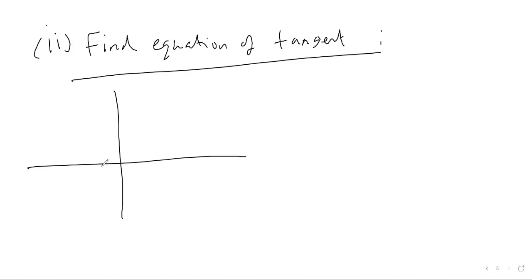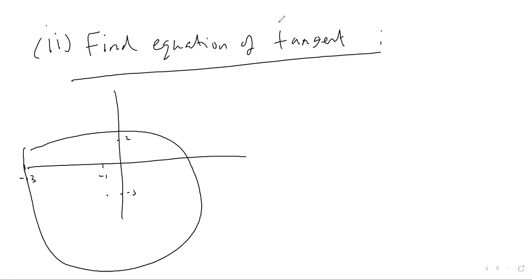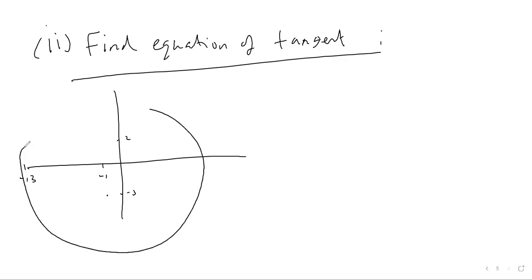So we've got our -1, -3 center. You've got -13 and 2 up there. That's a really awful diagram, but you get the point. Center out there, and we're going through this -13 and 2 point, and we want a tangent to this point.